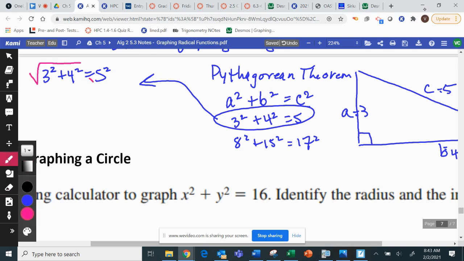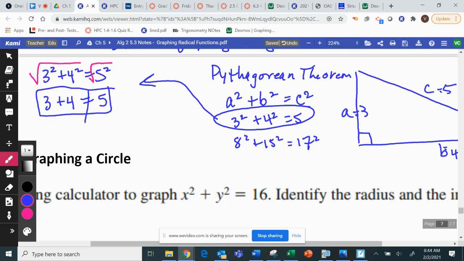Can this work? Does 3 plus 4 equal 5? It only works after you square the number. So you cannot square root an entire side that has squares on it, but a plus sign in between. You can't do that. I want you to see with real numbers here that this does not work.